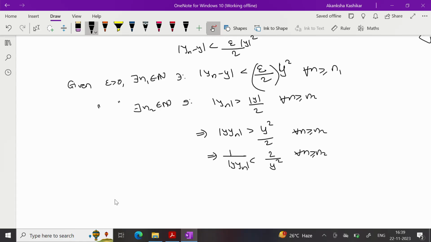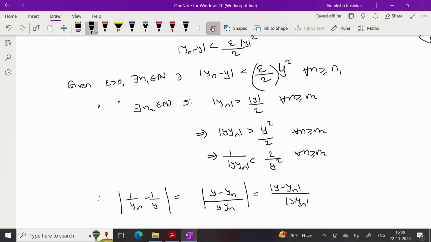Therefore, now 1 by yn minus 1 by y, which could be written as y minus yn upon yn, is the same as mod y minus yn divided by mod yn.